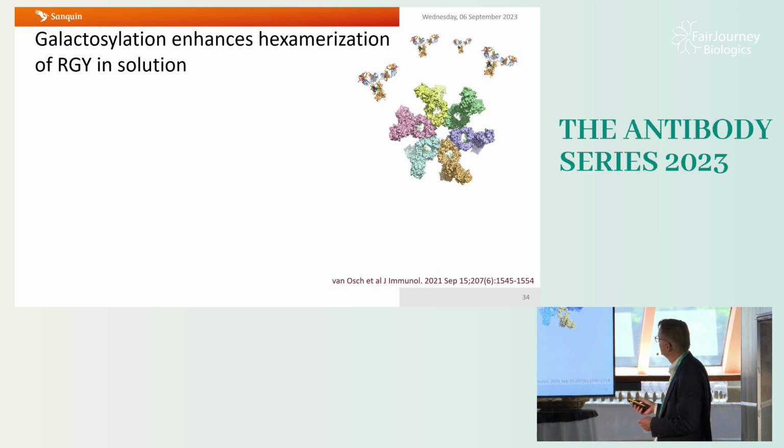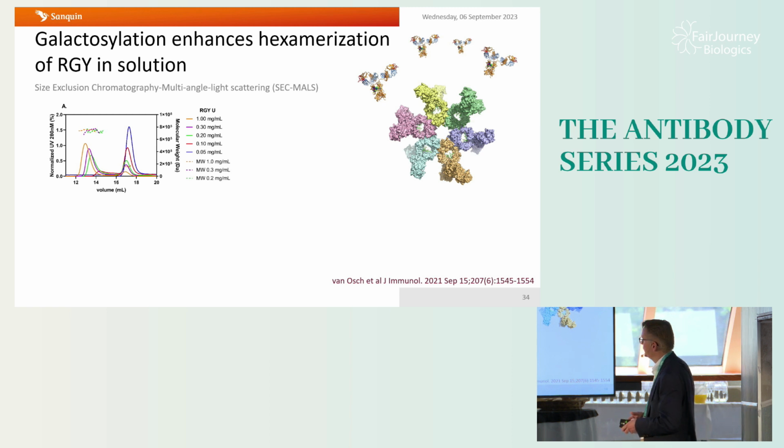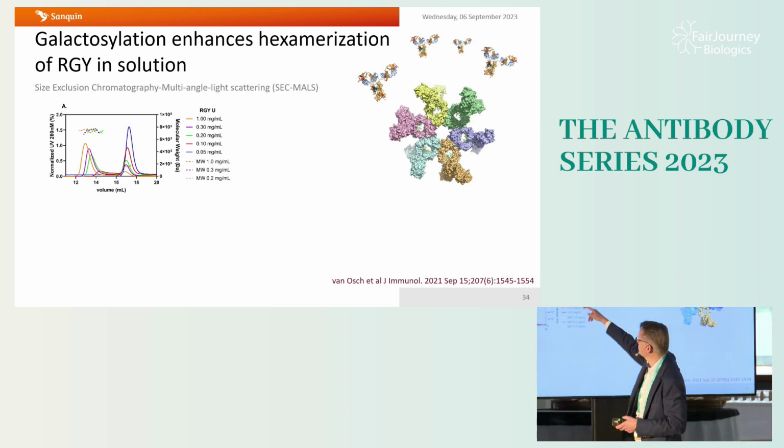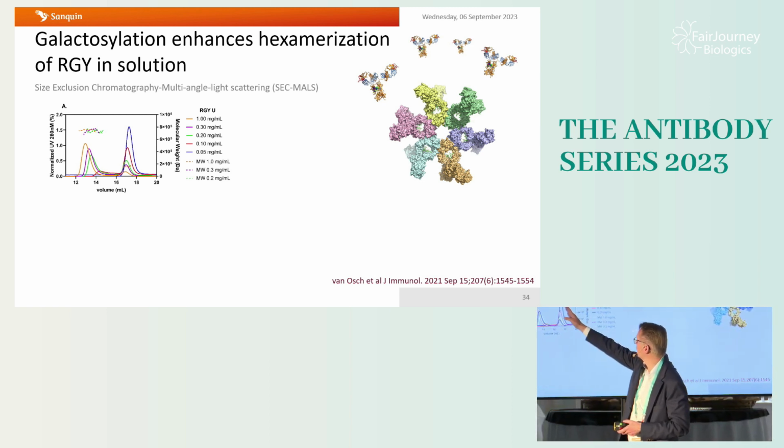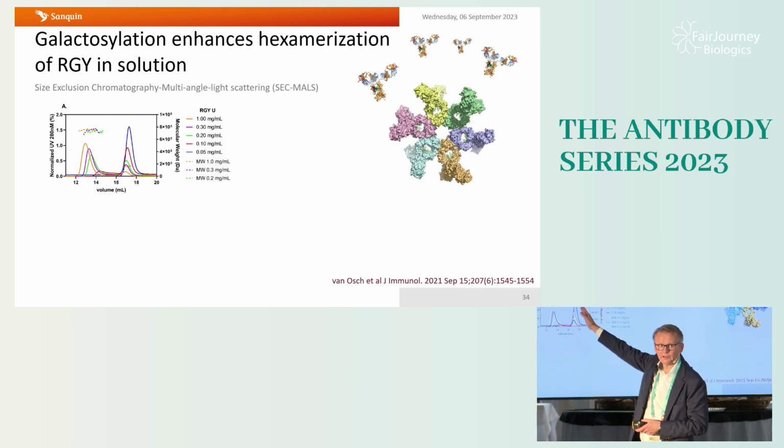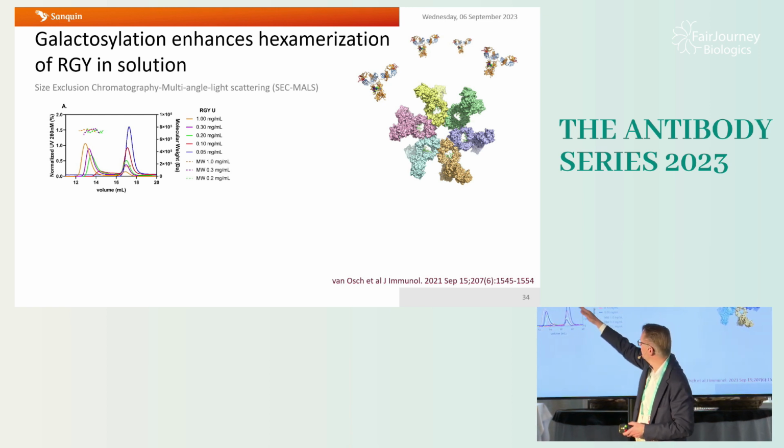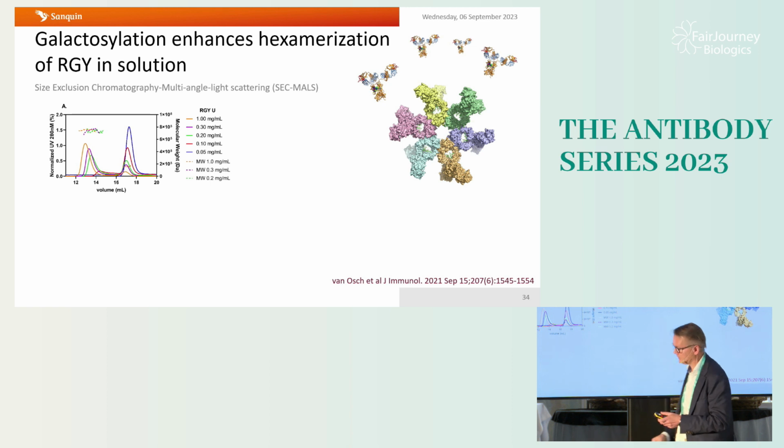And to test that even further, we looked at hexamer formation of the RGY variant in solution. In solution, that's a concentration-dependent effect. If you increase the concentration of your antibody, at low concentration they form only monomer, and at a higher concentration they start to form hexamers.